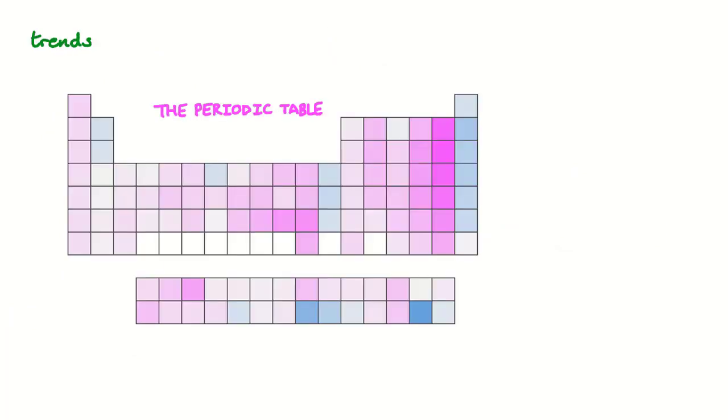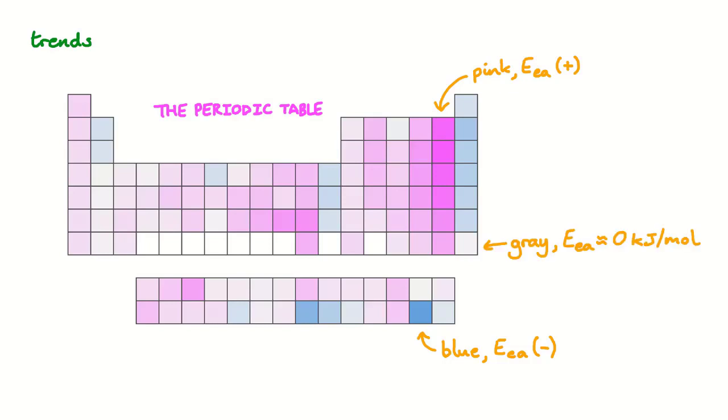This is a colour map for the electron affinities of the elements. The pinker the square, the greater the electron affinity of that element. The bluer the square, the lower the electron affinity. Grey indicates electron affinities that are close to zero, and white indicates that the electron affinity has yet to be determined. As you can see, there isn't a consistent trend, but we do see a few patterns here and there.